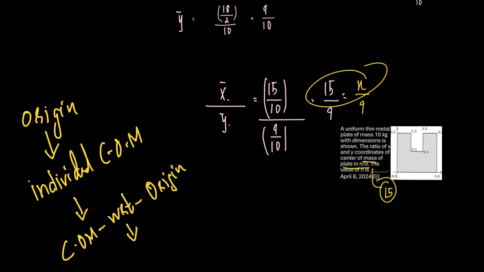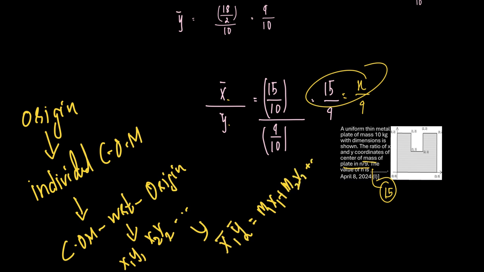With respect to the origin, you then have x1, y1, x2, y2, xn, yn, and then you apply the formula for x bar, y bar, which is equal to m1 x1 plus m2 x2 etc. divided by m1 plus m2.